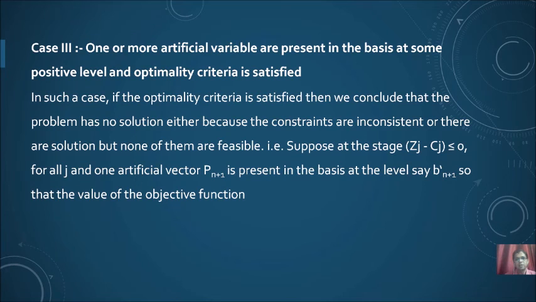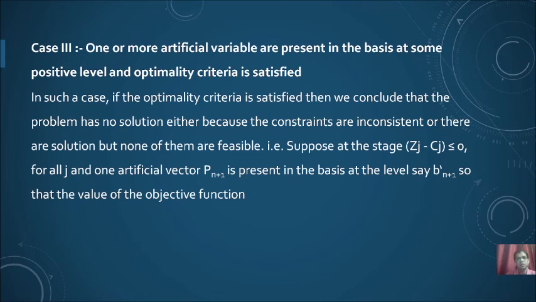Suppose at the stage Zj minus Cj is less than or equal to 0 for all j, and one vector Pn plus 1 is one of the artificial vectors, that means Xn plus 1 is an artificial variable present in the basis at some positive level. Suppose the value of that positive level is b dash n plus 1. That means this is the value of Xn plus 1.